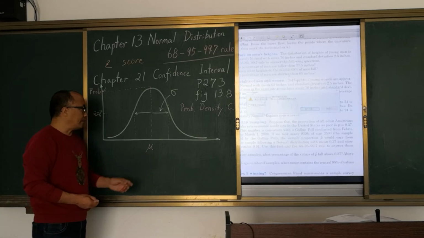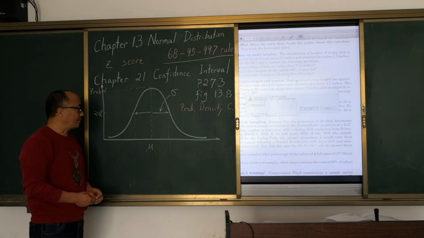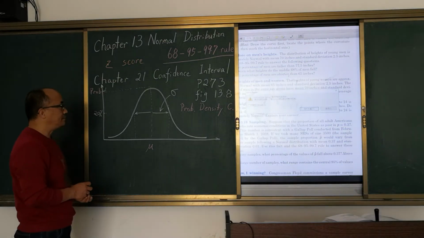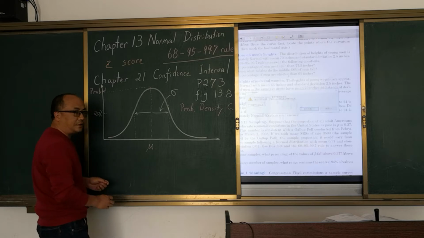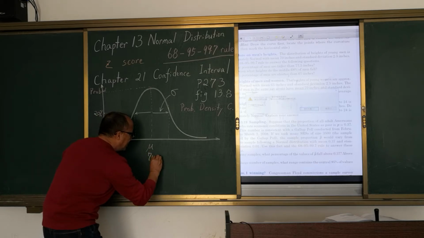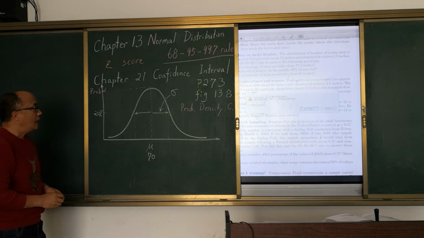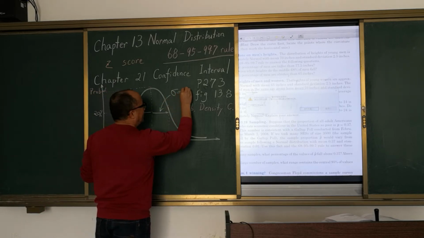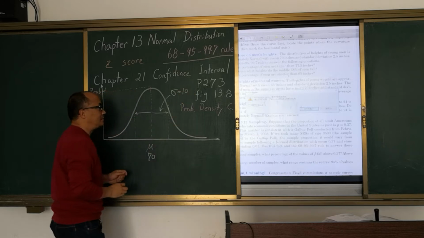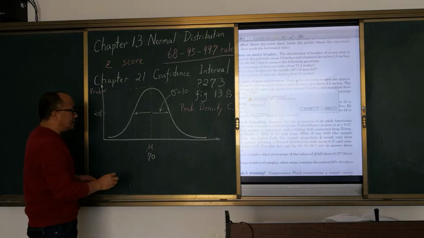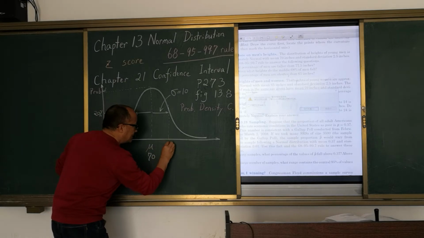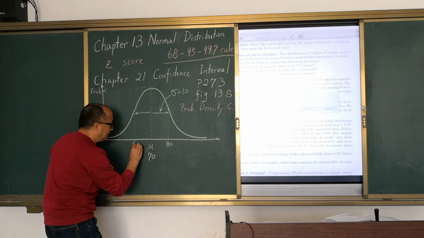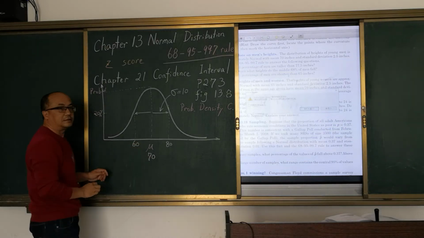So let's say the mu is 70. I just use it. The mu is 70. And let's say the standard deviation is 10, okay. So here is the 80 score, okay. Here is the 60 score.